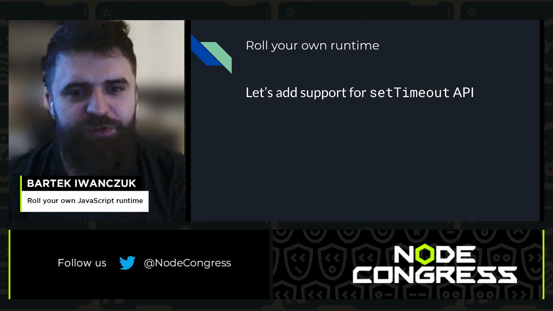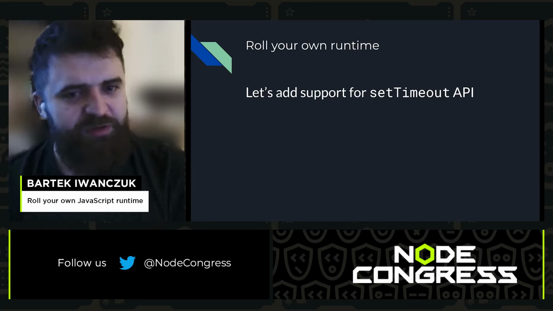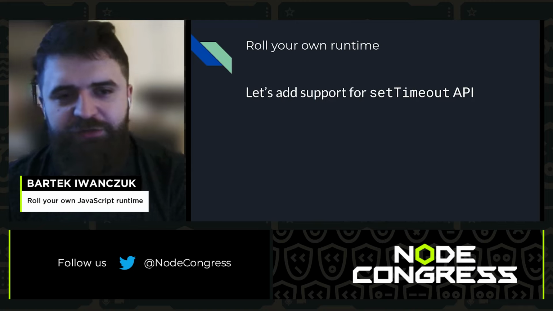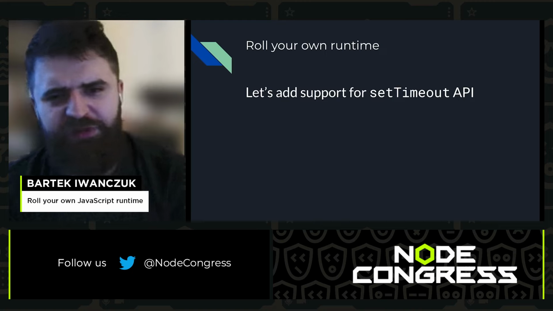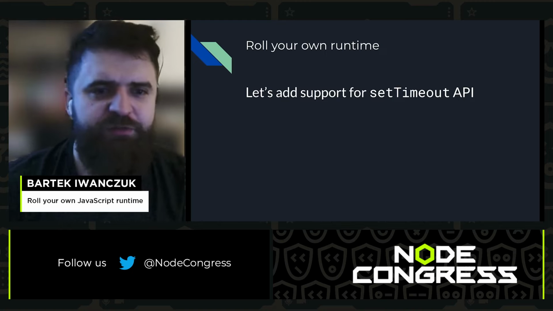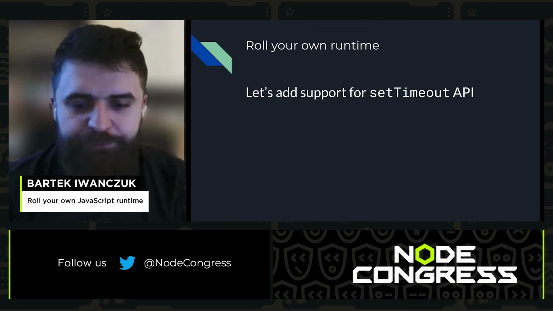What I want to do is essentially implement setTimeout in a way that will take a delay in milliseconds, take a callback, and then just fire this callback. But we will skip validation, ensuring that everything is properly adhering to WebIDL and so forth.